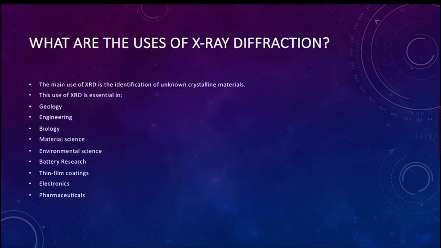What are the uses of X-ray diffraction? The main use of XRD is the identification of unknown crystalline materials. XRD is essential in geology, engineering, biology, material sciences, environmental sciences, battery research, thin film coatings, electronics, and pharmaceutical industries.